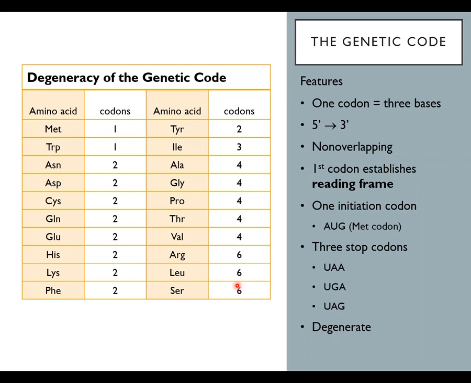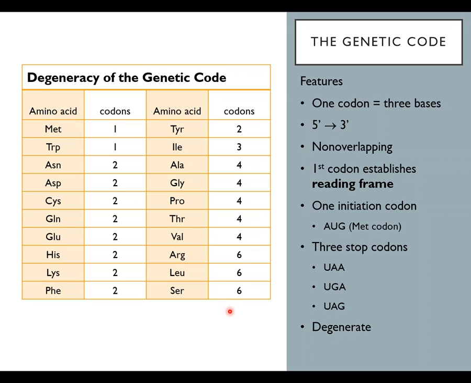Now the reason that some amino acids have more than one codon is because most of them have more than one transfer RNA. So most amino acids have multiple transfer RNAs that they can be bound to, or that they can be activated by.